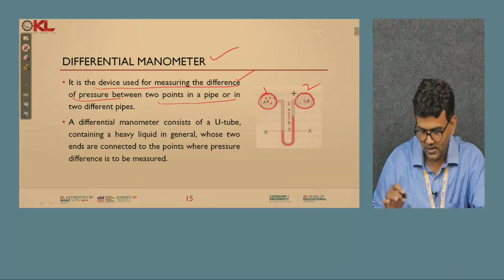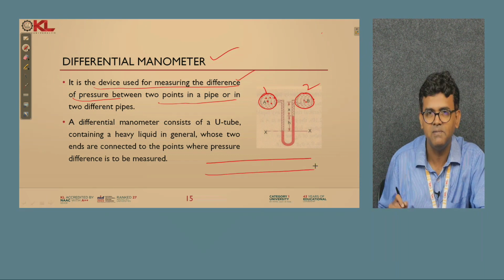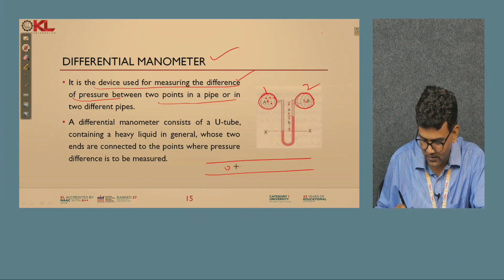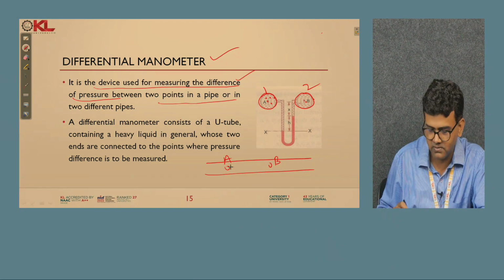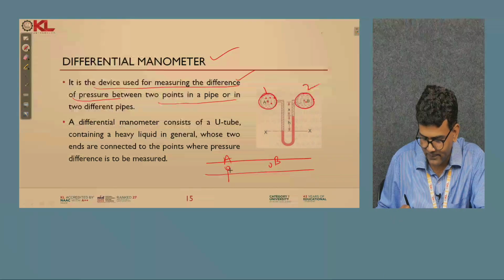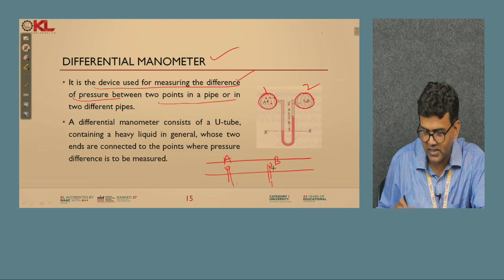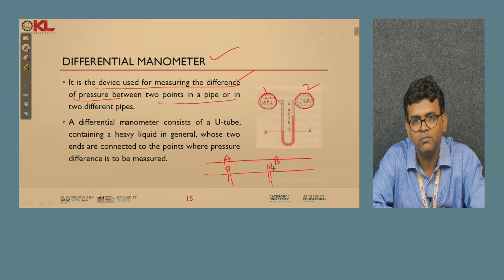Even if a single pipe is there and you want to know the difference between the pressure at point A and B, then we have to connect the differential manometer at points A and B.